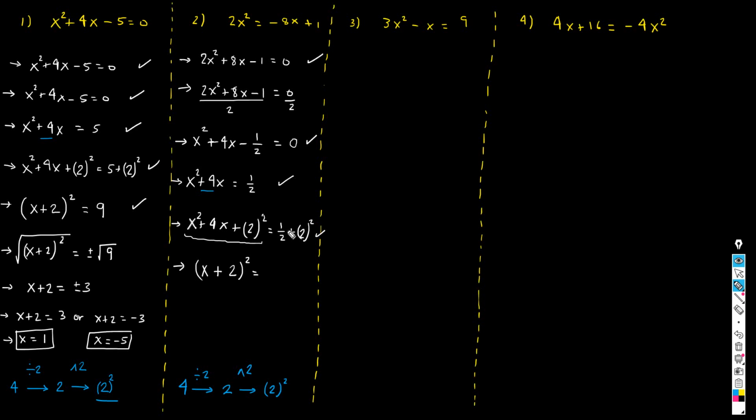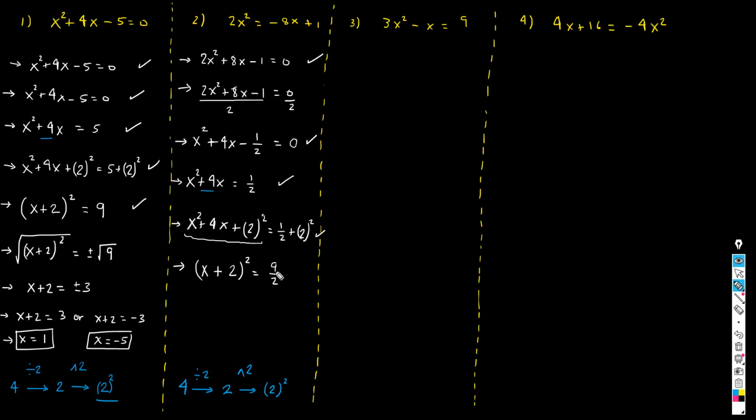And on the other side, you can actually perform this whole operation. 1 half plus 4, you're going to get 9 over 2. Make sure that this is 9 over 2, and you will know that it is.